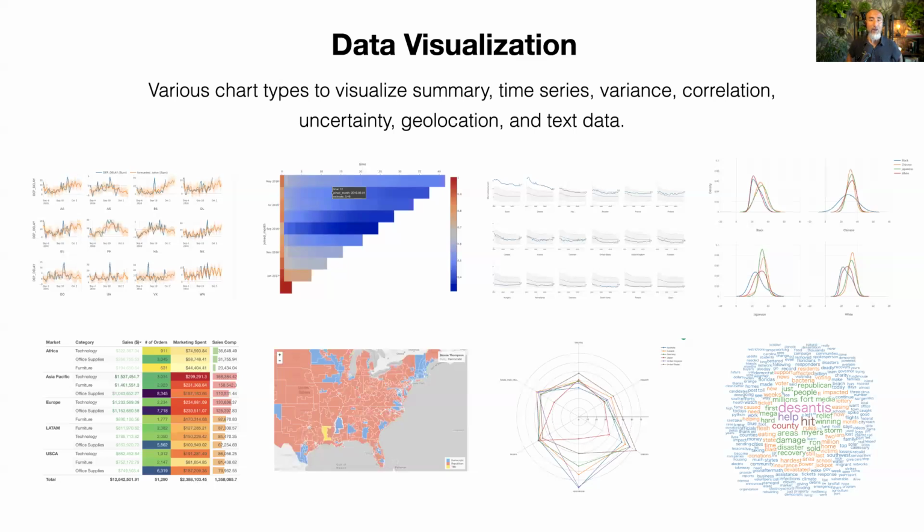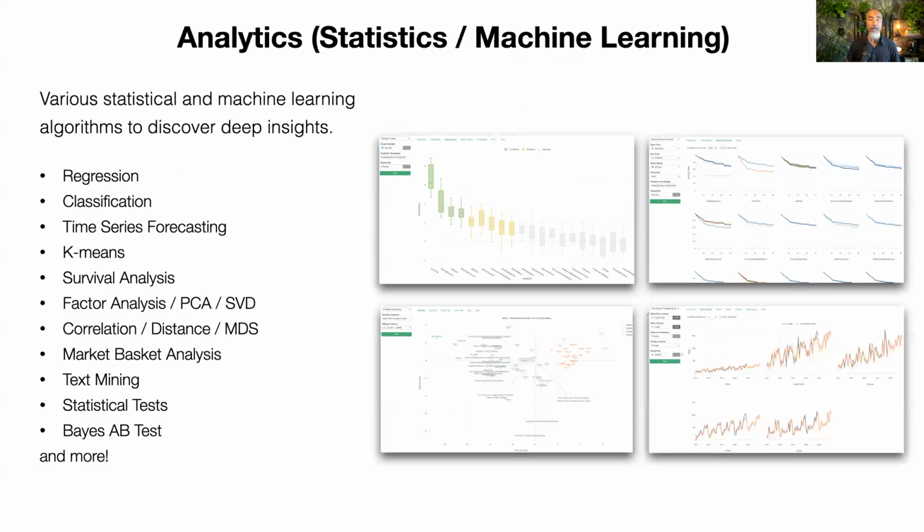Once your data is ready, you can visualize it with various chart types, to visualize summary data or time series, variance, correlation, uncertainty, geolocation data, and text data as well. Sometimes visualization is not enough. That's where statistics and machine learning algorithms come in to help you find the patterns and trends in the data that visualization alone cannot discover.